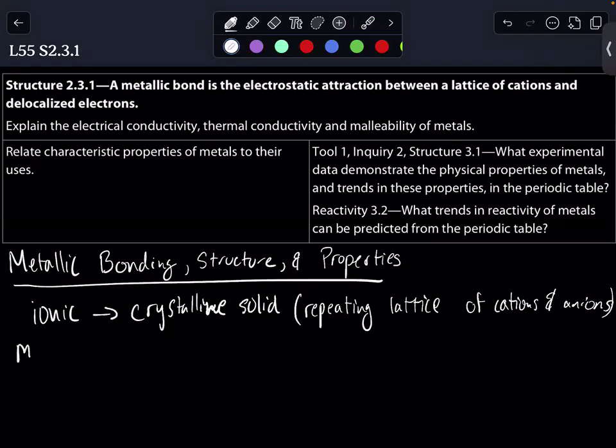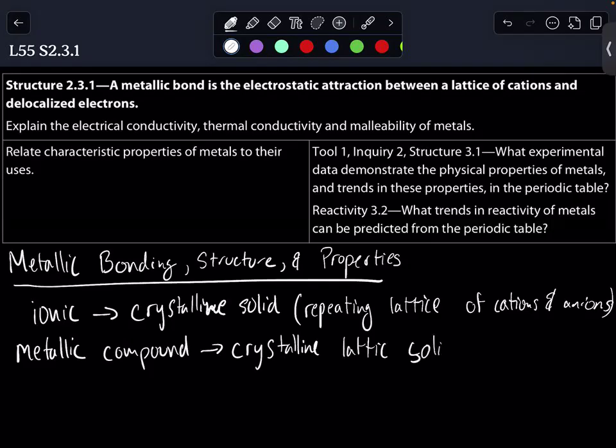Now, in a metallic bond, or in metals, so metallic compound, we also create crystalline lattice solids. Now, the difference here is that it is cations only. So only the cations, because metals tend to be cations, but also the whole thing is electrically neutral.